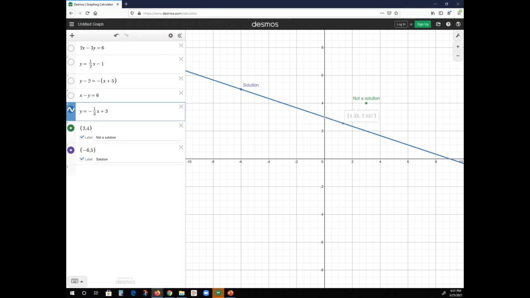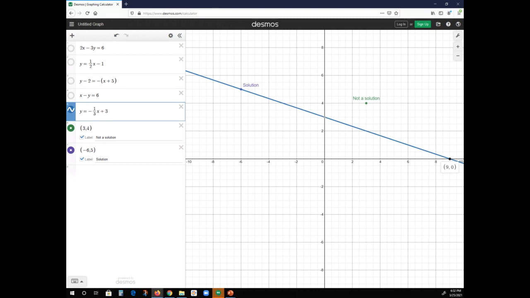We usually like to pick ones that are whole numbers because they're a lot easier. Like if we had picked x equals 0, we would have gotten 3 out for our y. And we don't have to pick numbers for x. We can pick numbers for y. I could have picked y equals 3 and solved and gotten x equals 0. I could have gone over here and picked y equals 0 and gotten x equals 9.